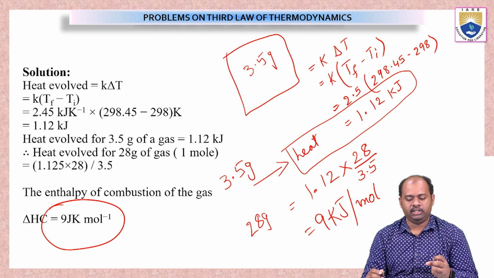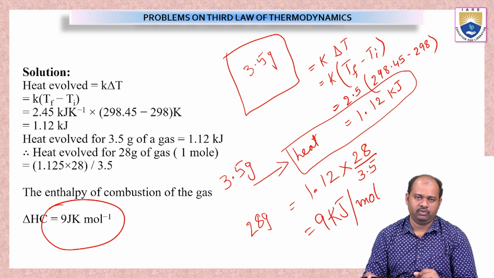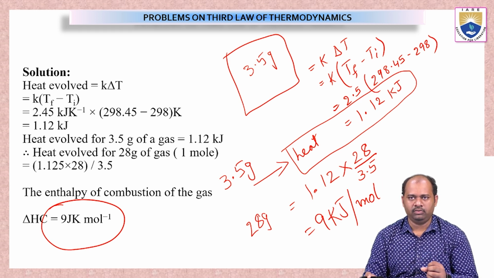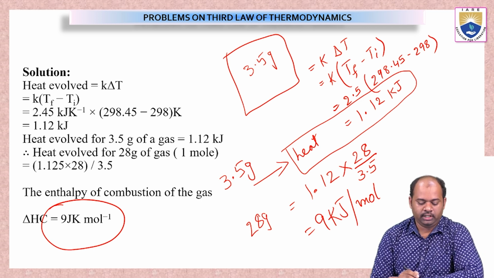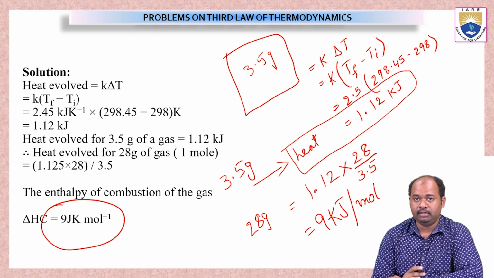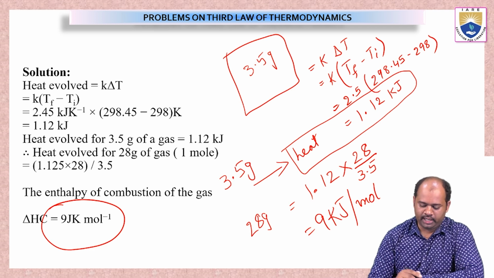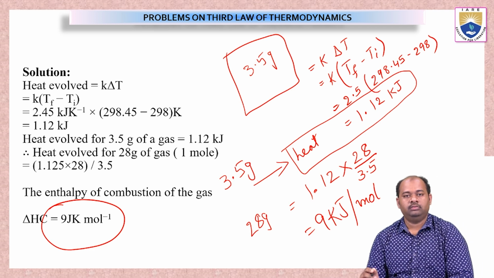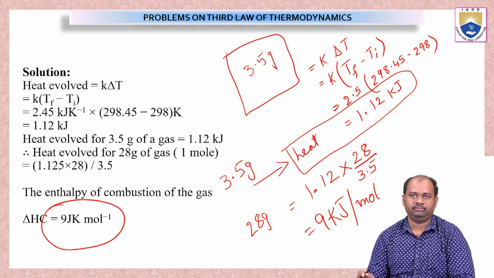This is the enthalpy value that is required. So 9 kilojoules per mole is the enthalpy required for this reaction to take place. For the combustion to take place, 9 kilojoules of enthalpy has to be supplied to the calorimeter.